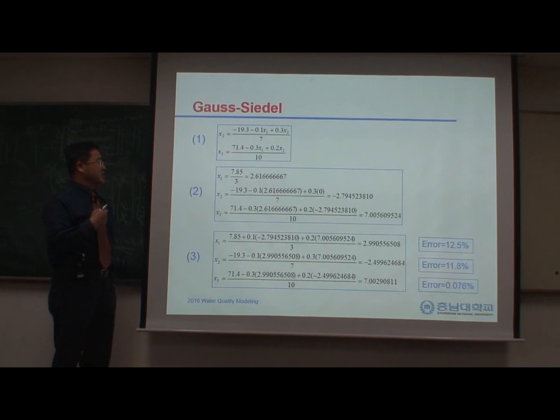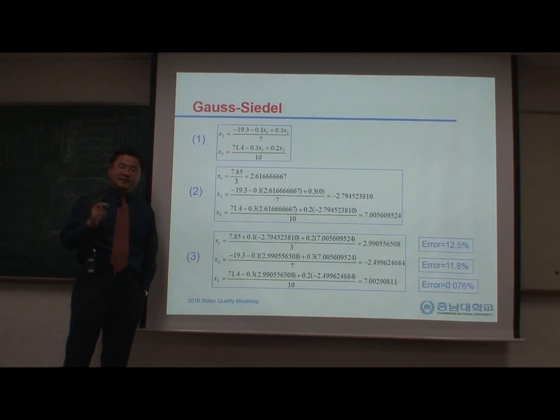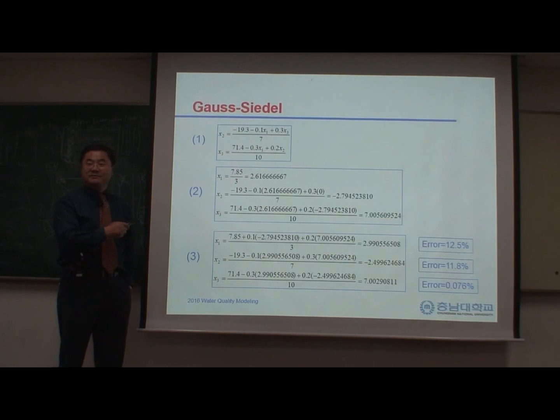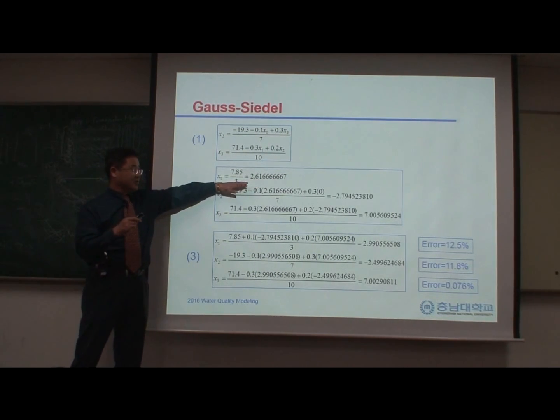What I did was, at this time, I don't know x2 and x3, so I will simply ignore them. Those are 0. If those are 0, 0, then my x1 is 7.85 divided by 3. But I am not sure if this is right or wrong. Anyway, we'll just keep doing it.